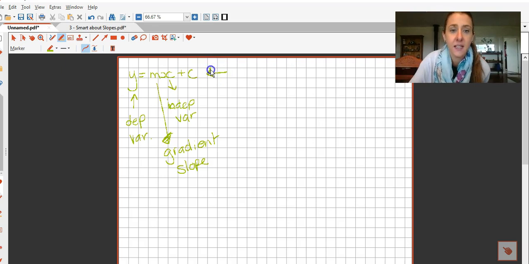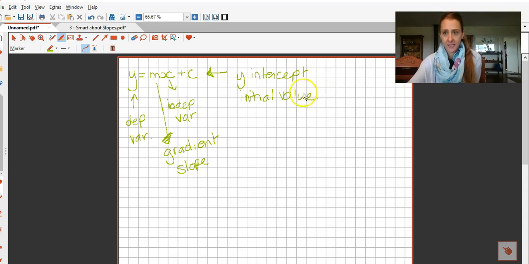And c will give us our y-intercept, or our initial value, all of those things.